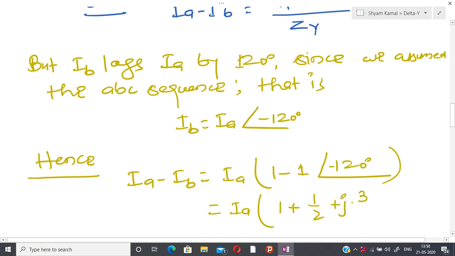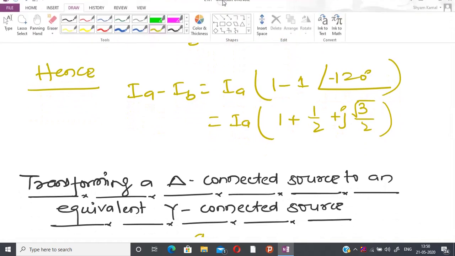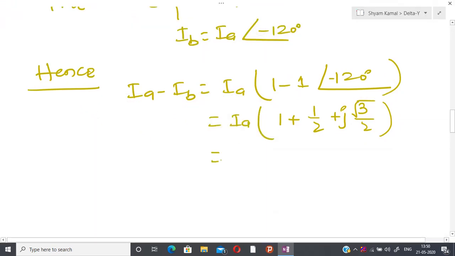And if you again write this kind of thing in form of complex number, and in order to convert into form of phasor, you have to calculate the magnitude as well as the phase, then it is possible to write like this: IA root 3 and angle is 30 degree.